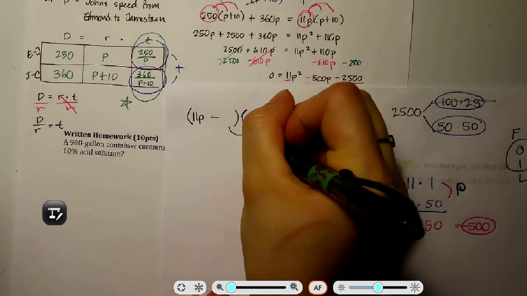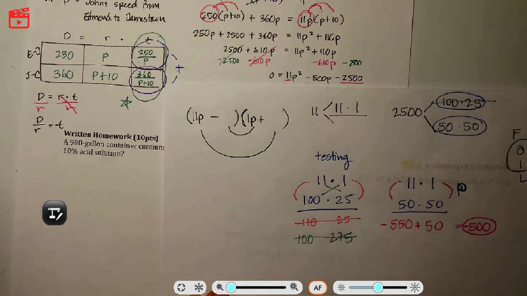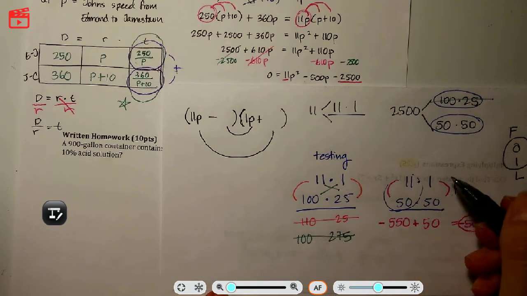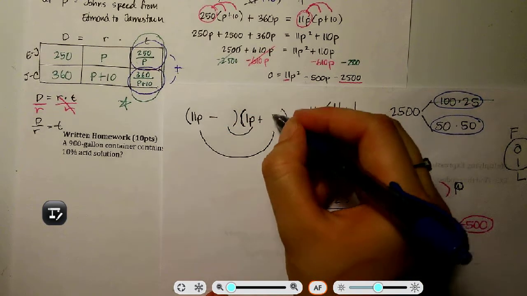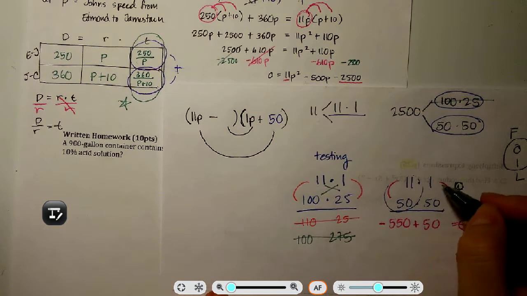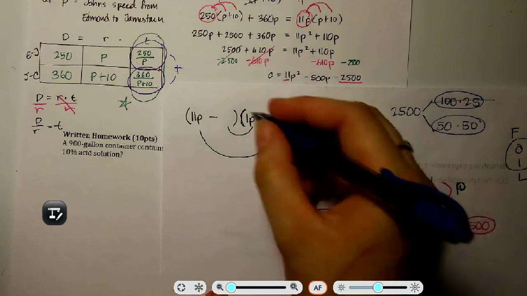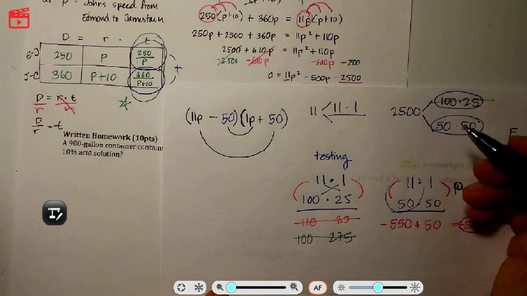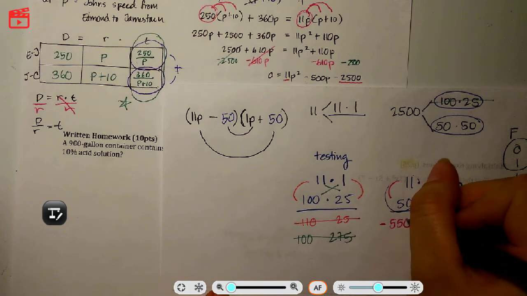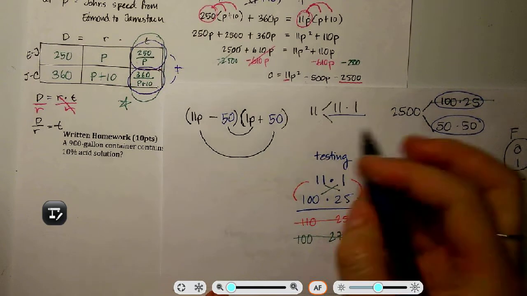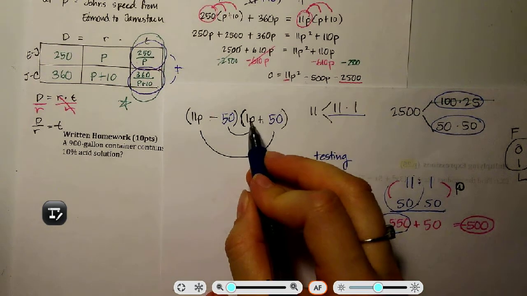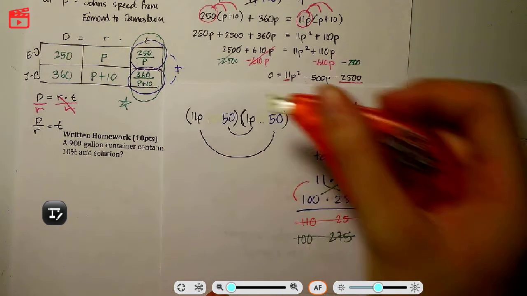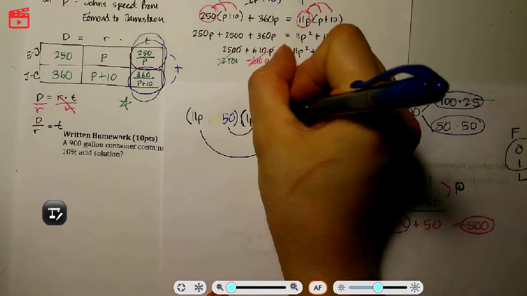Okay, so filling this in, my 11P was the value multiplied to the 50, and the 1 got multiplied to the other 50. I need to check my sign here, though, to make sure it was okay. The 11 and the 50 were the ones that gave me the negative. See the way I set this up here? That's not right. The 11 and the 50 should get the negative. Okay, so I'll go ahead and change that.